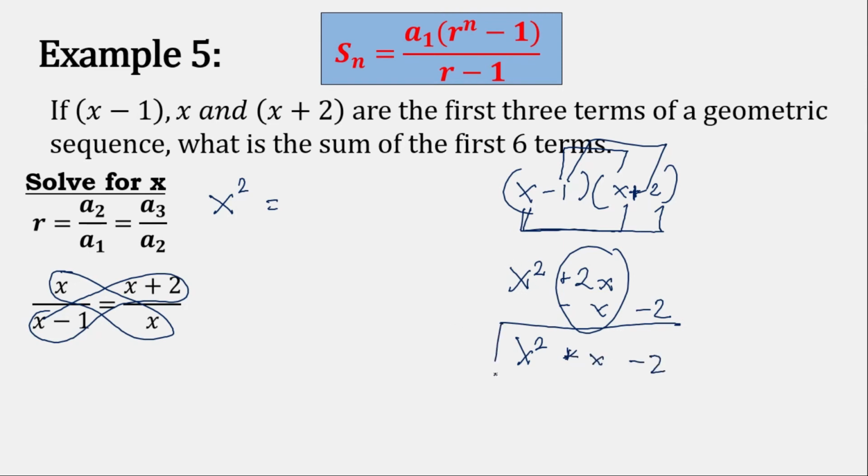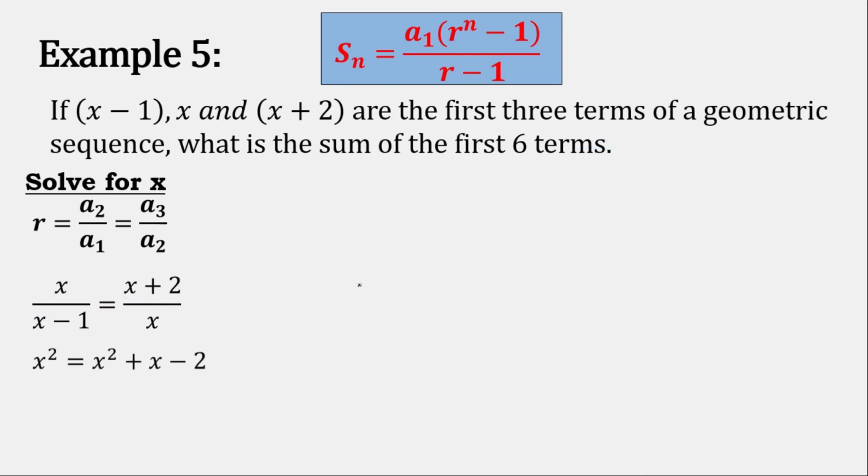So this will be the other part of the equation: x squared plus x minus 2. Now having that equation, let's try to simplify it by eliminating x squared on both sides. Let's subtract x squared on both sides so that we could cancel these. And for that, we'll have the equation 0 is equal to x minus 2.